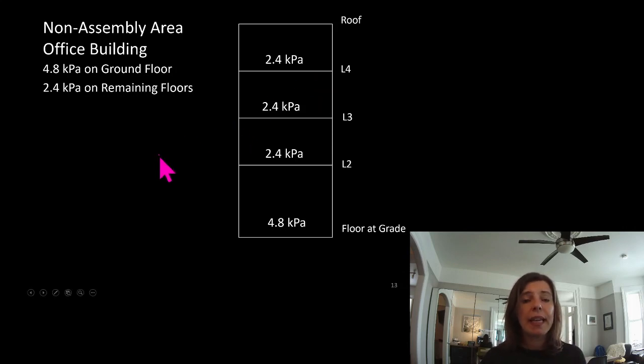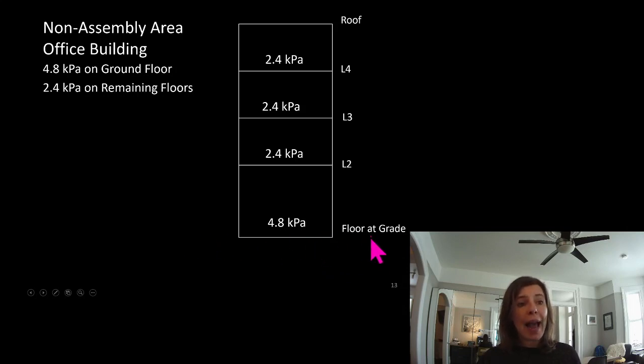Now here's a thing that has nothing to do with live load, but I'm just going to highlight it right now. We tend to call level 2 the first floor above grade. I know there are different societies around the world that would call this level 1 and this level 0. That's fine. I will try to always talk about floors above grade if I can. So this might be level 1 or level 0, depending how you work on it.